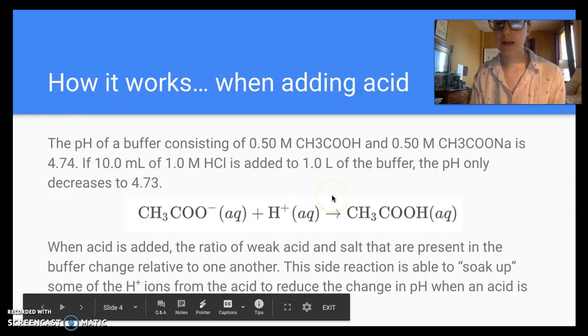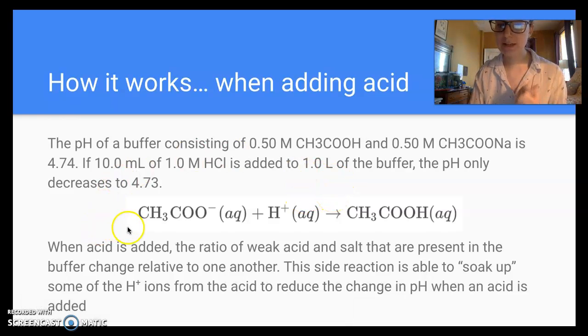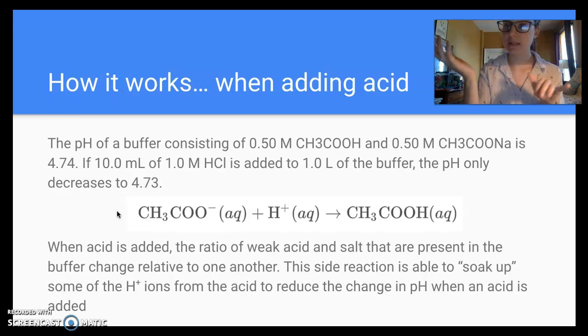So it has to do with reaction rates. So when an acid is added, the ratio of weak acid and salt that are present in the buffer change relative to one another. So one increases while the other decreases, or vice versa.